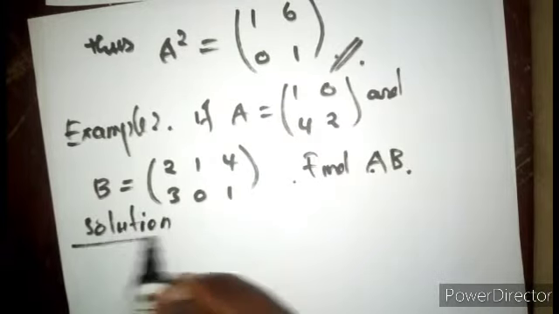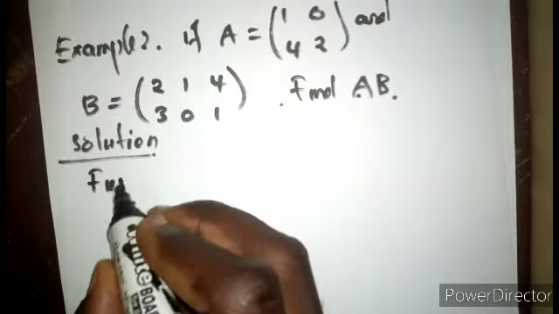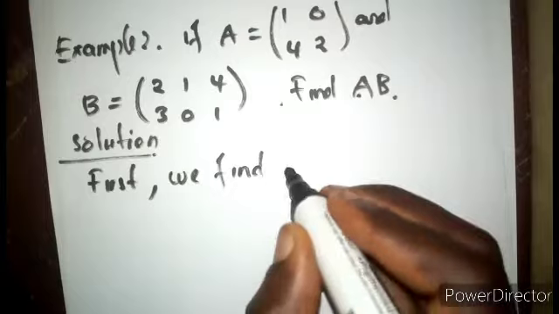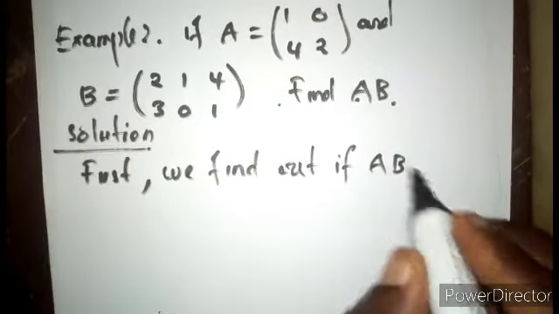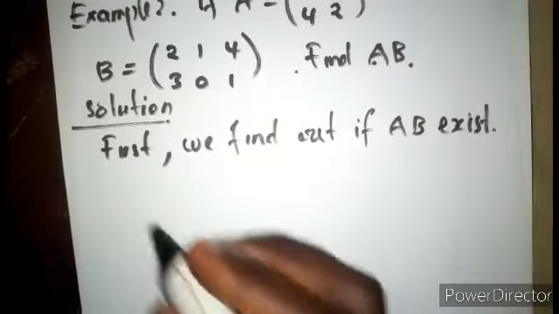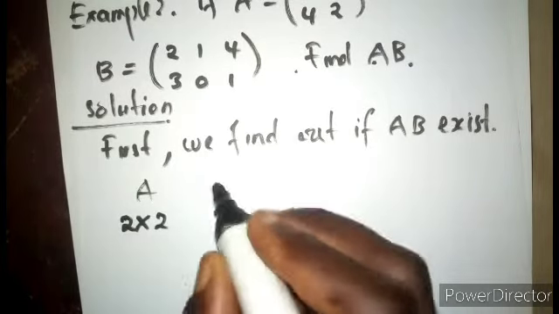First of all, we need to find out if this particular matrix AB exists. Okay, the matrix A is actually a 2 by 2 matrix.